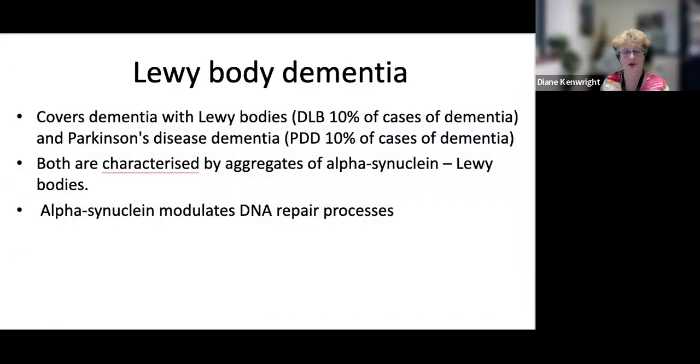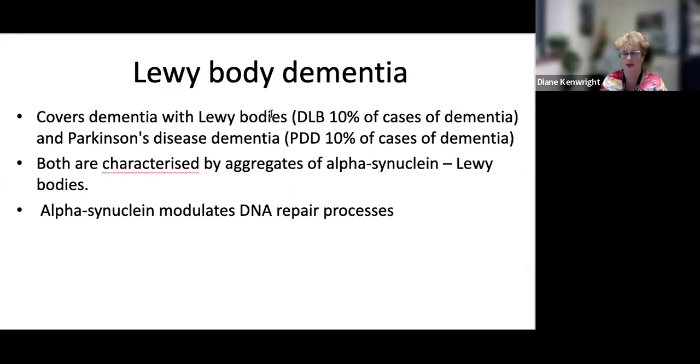Let's think about Lewy body dementia. Okay, so there's a group of diseases which are associated with Lewy bodies. One of them is Parkinson's disease, the movement disorder. But some people with Parkinson's disease can also get dementia. So there's a thing called Parkinson's disease dementia. They have Parkinson's disease and dementia. There is a dementia called dementia with Lewy bodies, which is different to that.